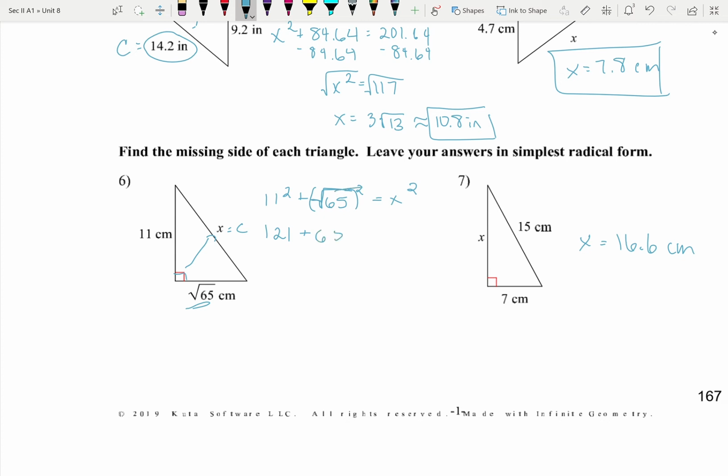So that's just going to become our regular 65. 121 plus 65 becomes 186. Now take the square root of both sides and you get 13.6 centimeters.